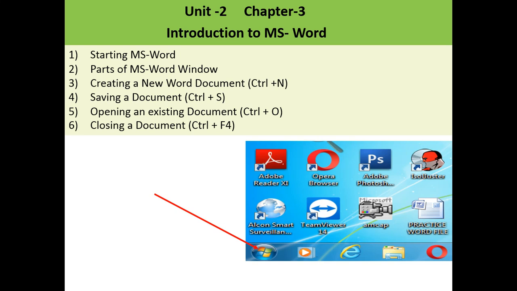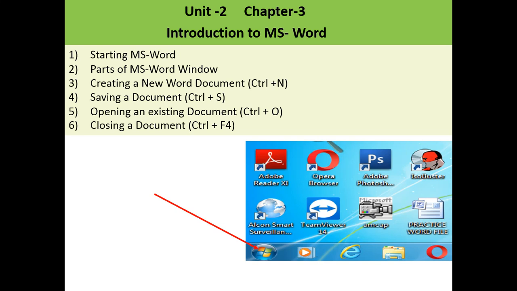Second, parts of MS Word. Creating a new Word document. Saving a document. Opening an existing document. Closing a document. So these are the 6 points we are going to learn in this chapter.